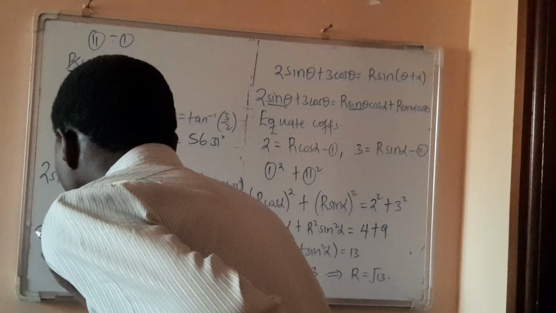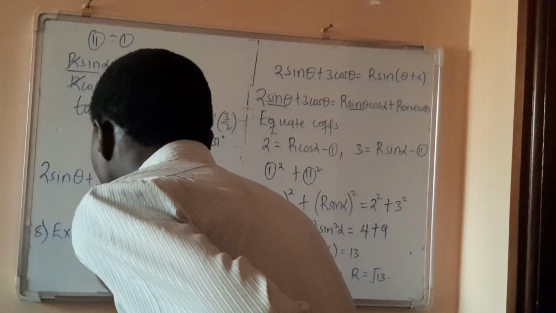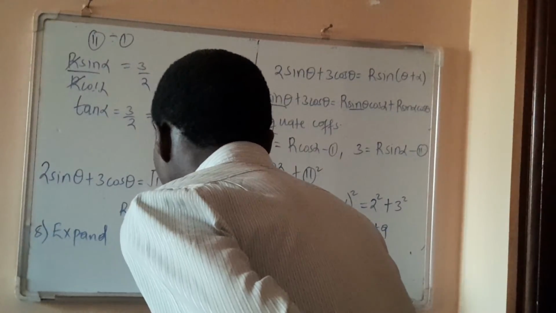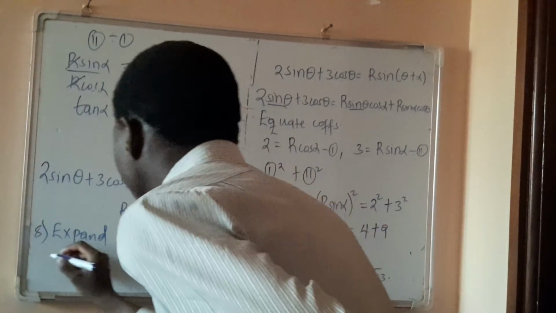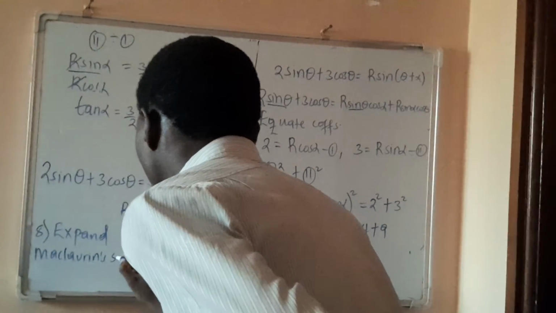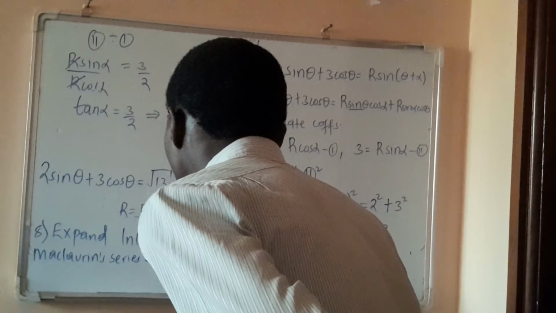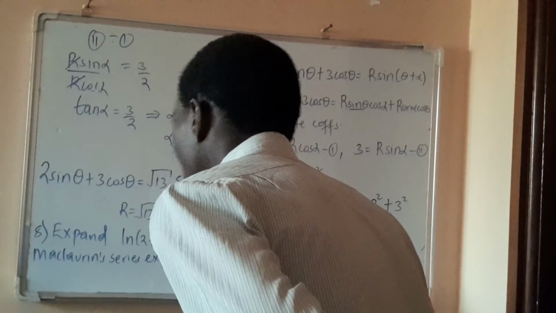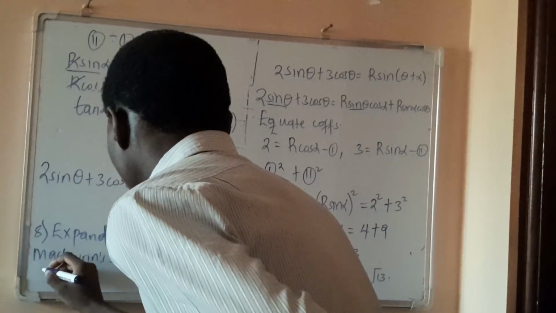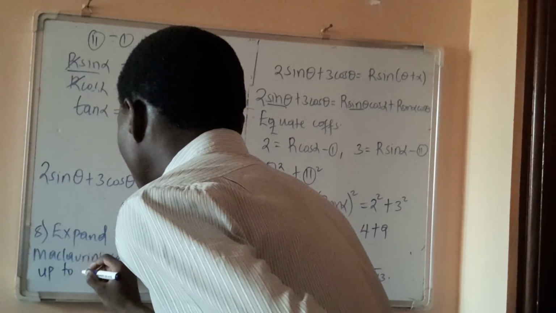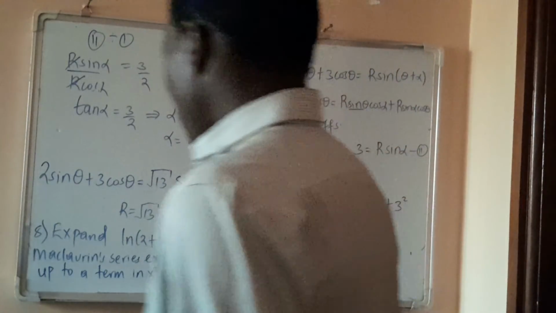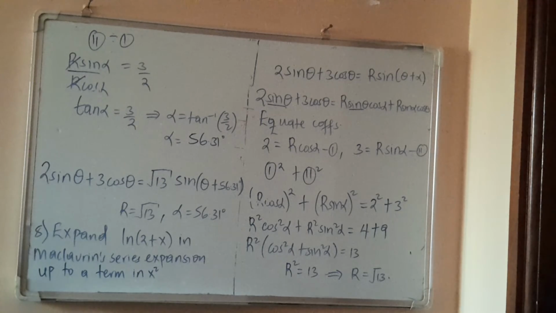Expand natural logarithm of 2 plus x in Maclaurin series form, up to a term in x squared.